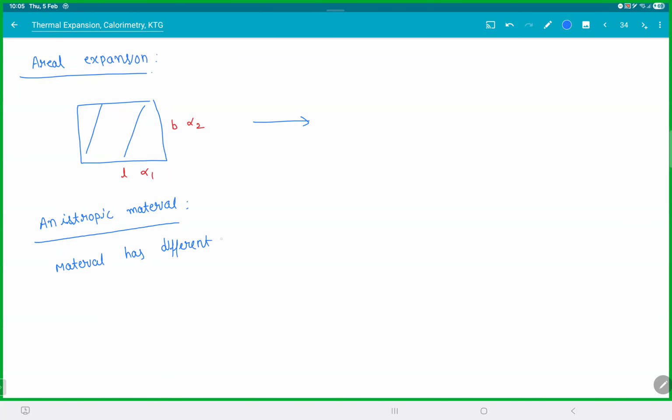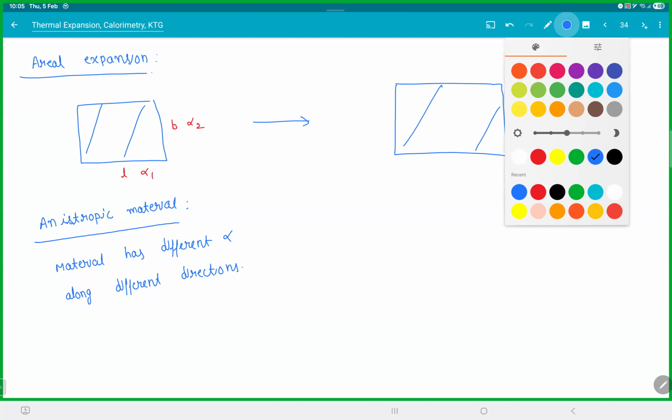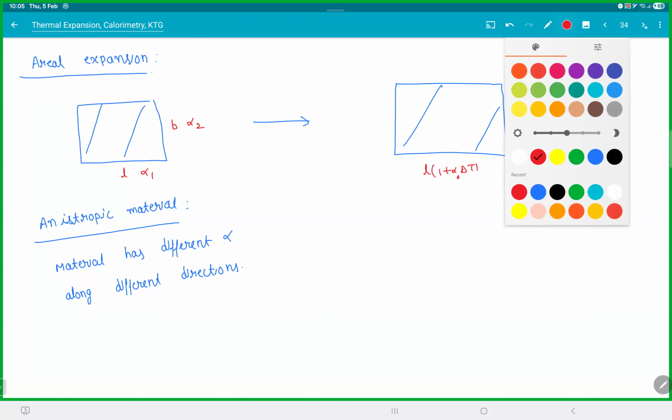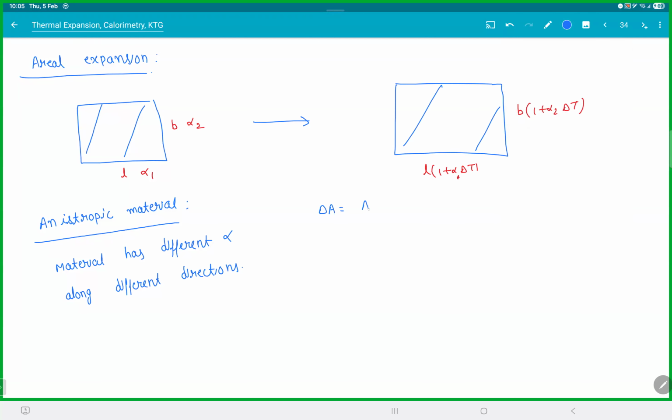Material has different alpha along different directions. Then this becomes L into 1 plus alpha 1 delta T. This will become B into 1 plus alpha 2 delta T. So the change in area will be the final area minus initial area, which would be L into B, 1 plus alpha 1 delta T, 1 plus alpha 2 delta T minus LB.